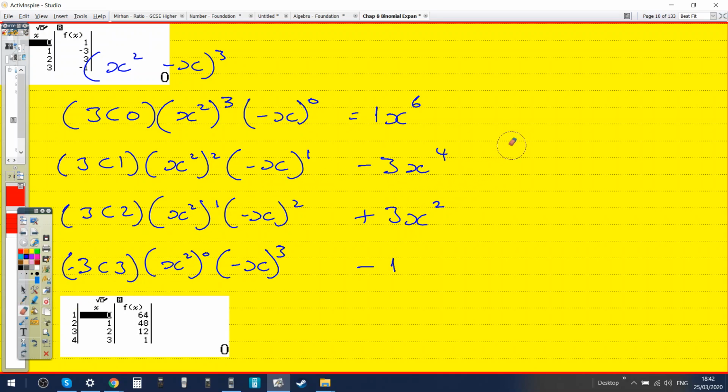Times minus x, so minus. So you've got the coefficient, minus 3. So does it become positive? No, you've already got the coefficient. Oh. And so we just need to figure out what the power of x is. 5. Yep. Oh, yeah, that makes sense.